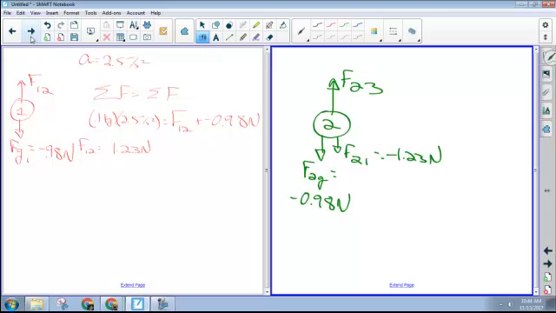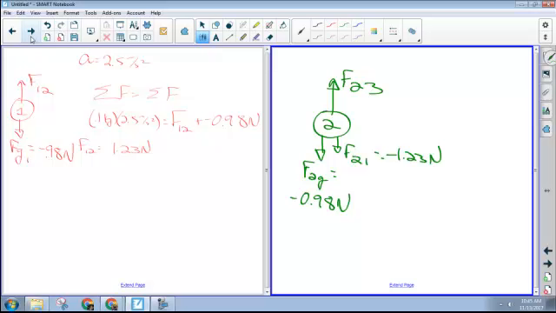So the answers are 1.23, plus 1.23 gives you 2.46, plus 1.23 gives you 3.69, whatever. Follow? Are you good if I stop there, or do you want me to keep going? You sure?